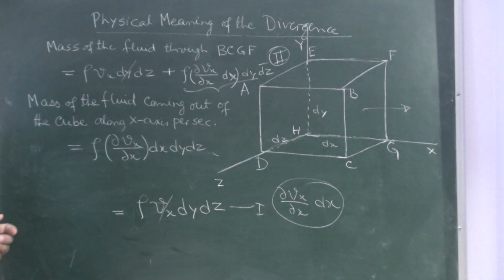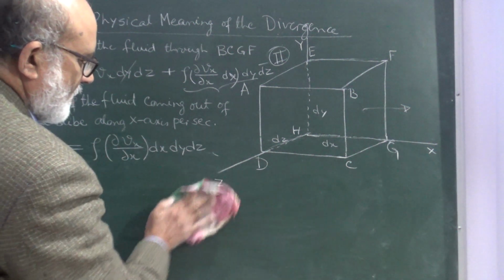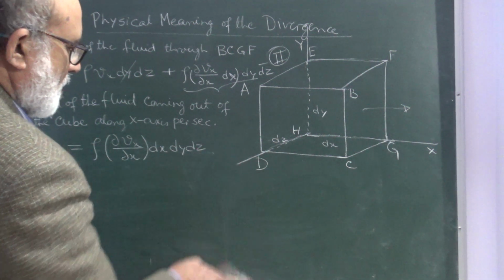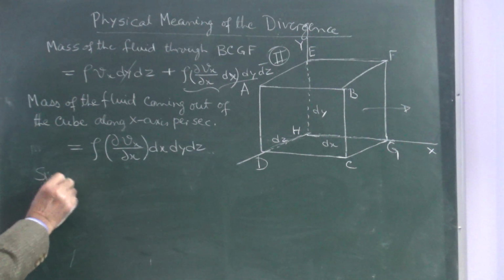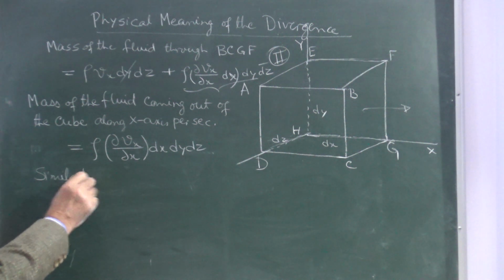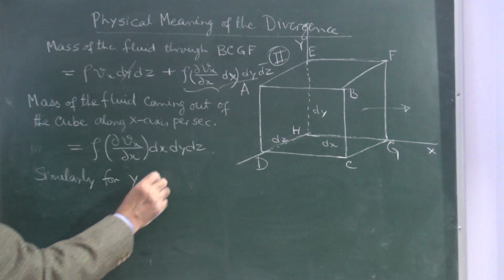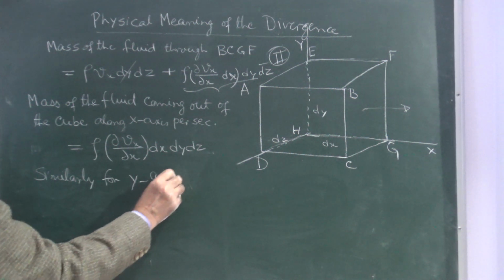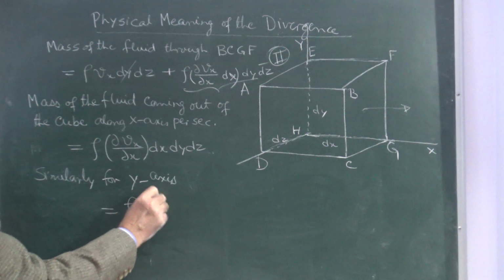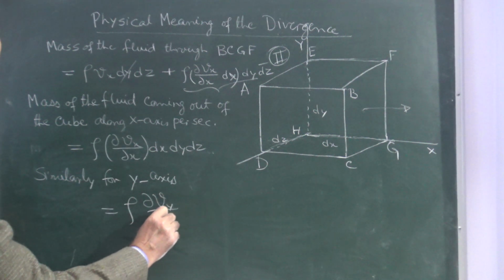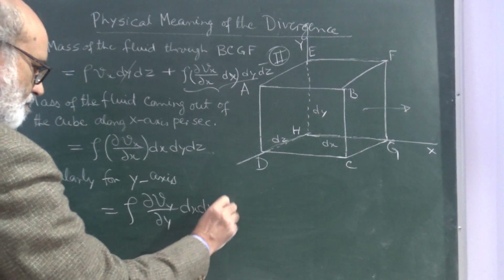Here we have considered only the x-axis; similarly we can take the y-axis and z-axis also. Similarly for the y-axis, this will be rho times dvy by dy, dx, dz.